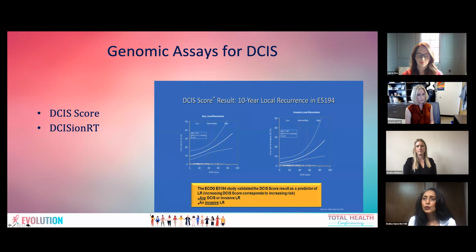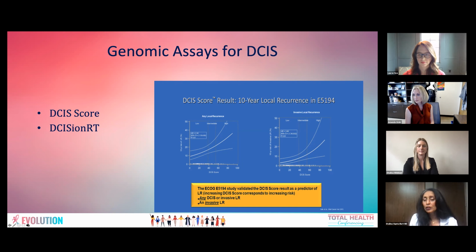And if you look at the DCIS score, and I'm so sorry, you guys, I can't see the slides anymore, but what you're basically seeing is you can look at an individual tumor and look at a profile of the genes that are expressed in that particular tumor and look to see if you can predict which patients are going to have a higher likelihood of recurrence.